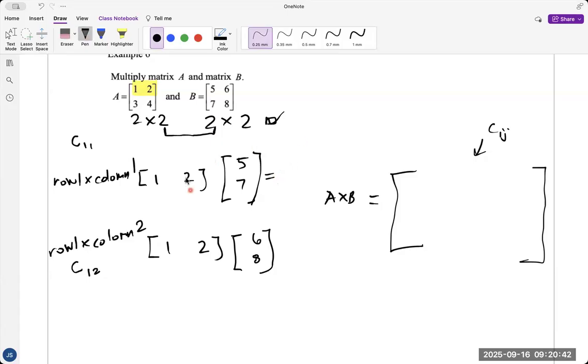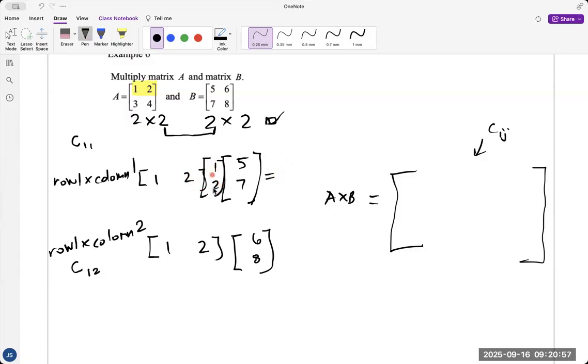I'm thinking in my mind that I'm switching the 1, 2, and turning it 90 degrees clockwise, so that they line up right next to each other.